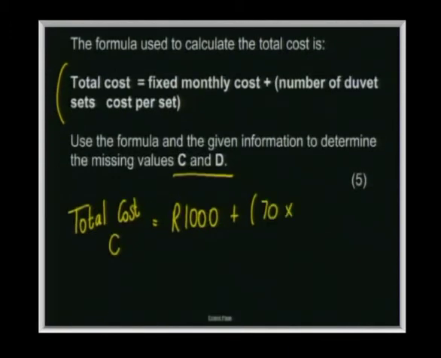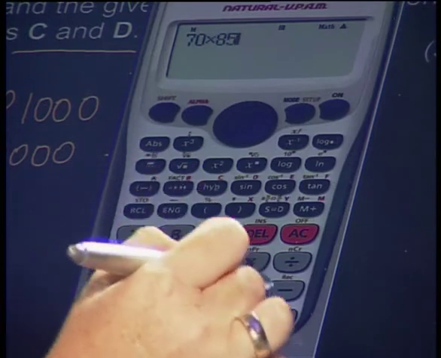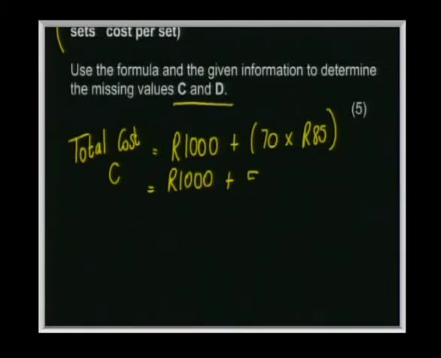And remember, if I'm more than 50, then I'm going to be charging 85 Rand per duvet set. So this is going to be 1,000 plus 70 times 85, which is 5,950, which means my total cost is going to be 6,950.